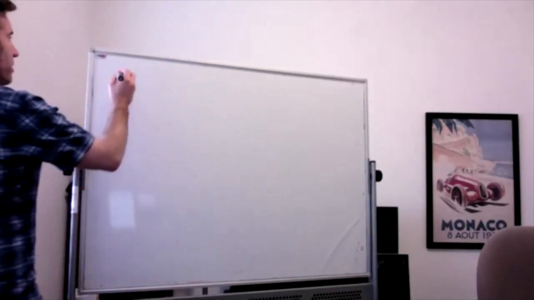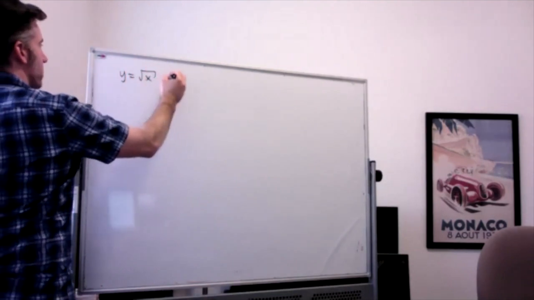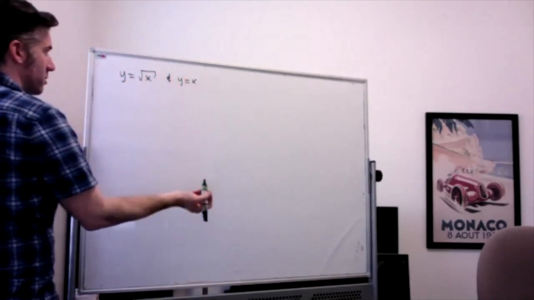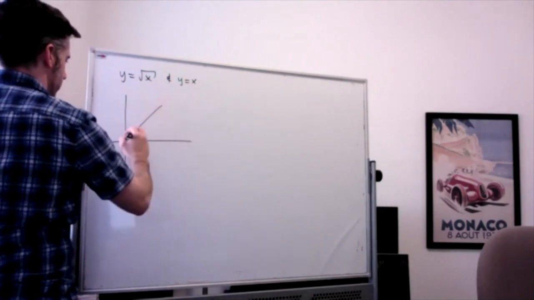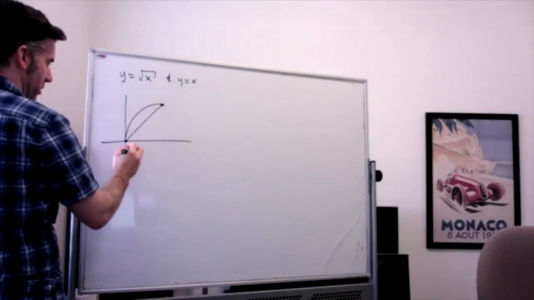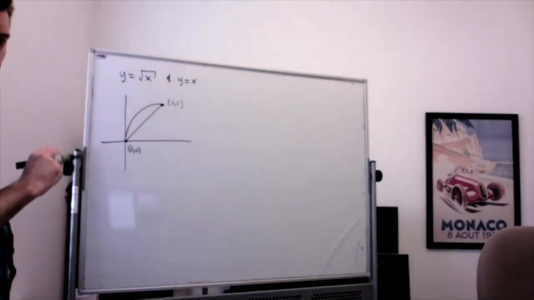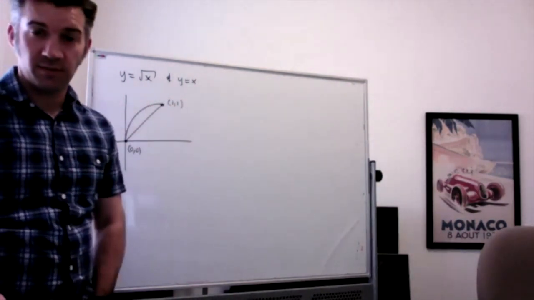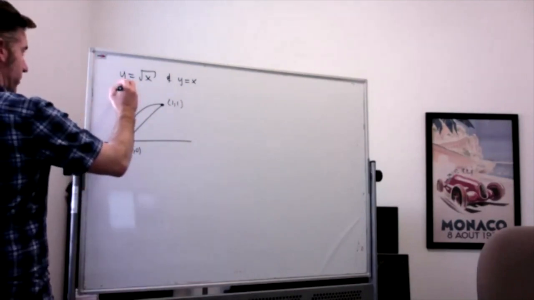This plate is bounded by the curves y equals the square root of x and y equals x, which looks like this. And these intersect each other at the point (0, 0) and at the point (1, 1). I want to find the moment around the y-axis and the moment around the x-axis. Let's talk about the moment around the y-axis first.